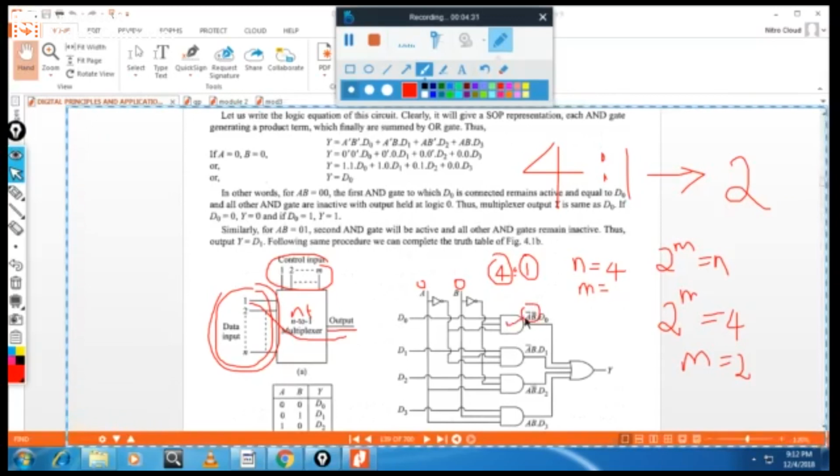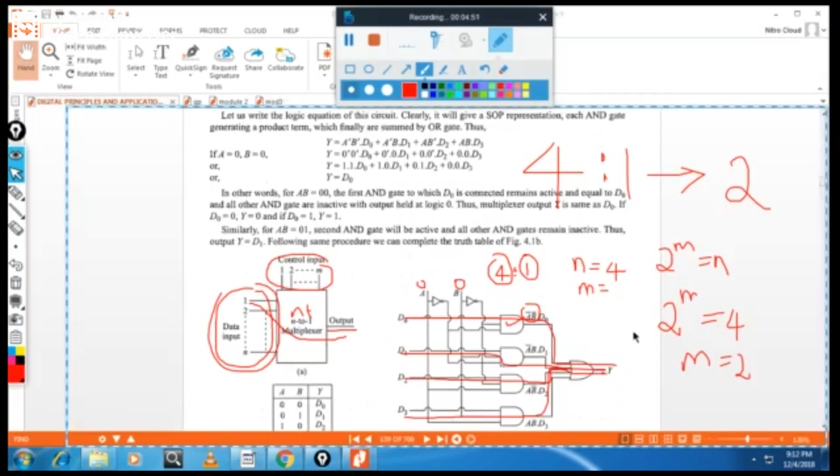This AND gate will be activated and D0 will be moved from the input to the output. When 0, 1, D1 will be moved. When 1, 0, D2 will be moved. When 1, 1, D3 is moved from the input to the output.